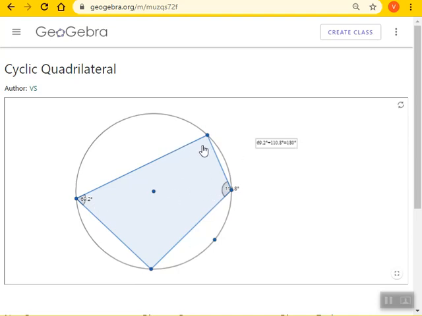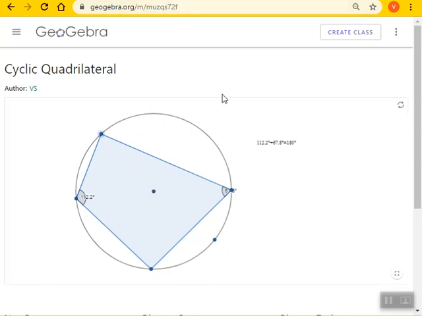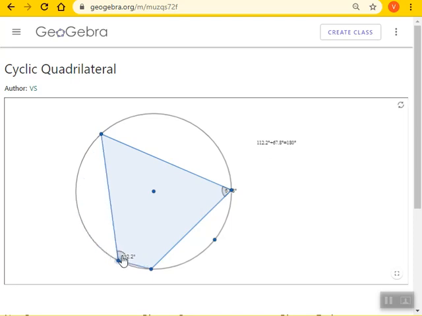Notice that all four corners are on the circumference of that circle. No matter how much I move it, look at the total there. There's a link to this, so you just find that link and it will take you to this page. You can see that they add up to 180. It doesn't matter where I move those two points. So I can make something ridiculous like this. This is a Scylla quadrilateral.